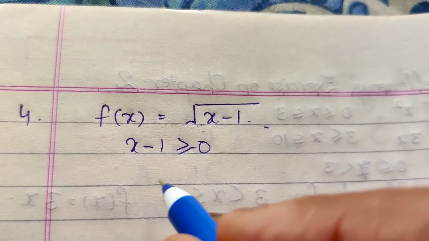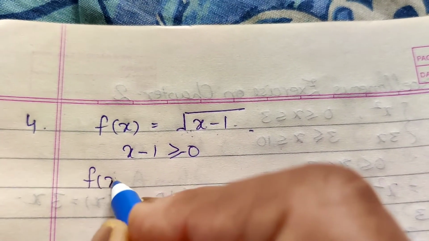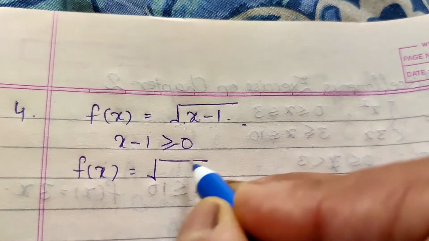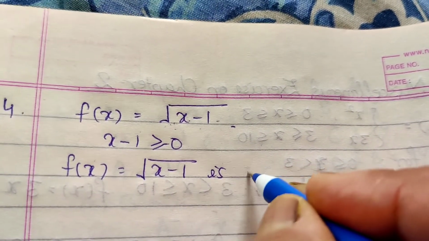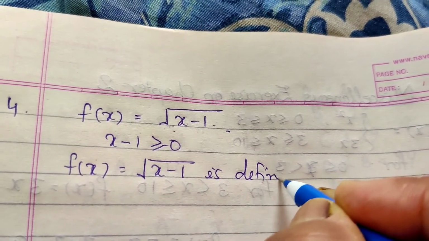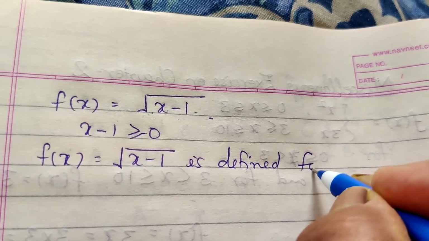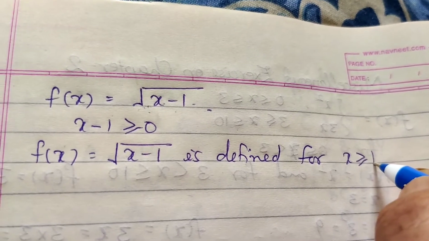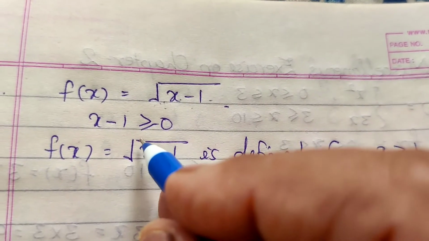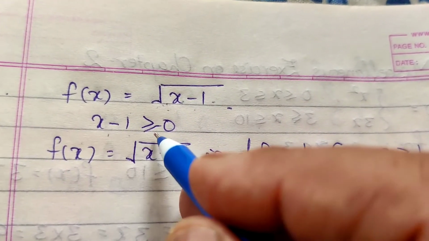So the function is defined for x minus 1 greater than or equal to 0. It means x is greater than or equal to 1.